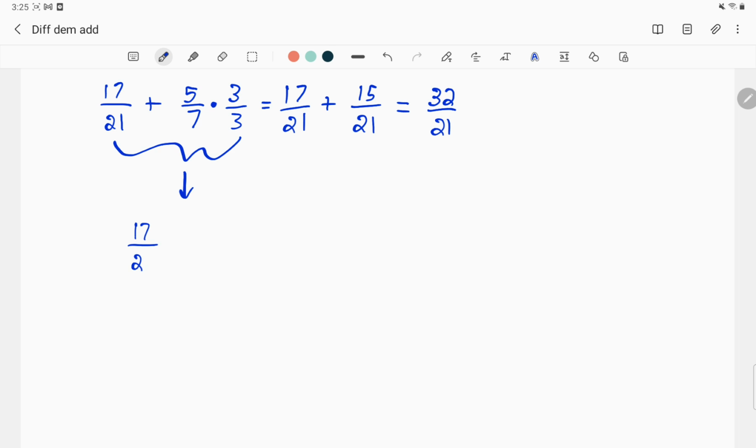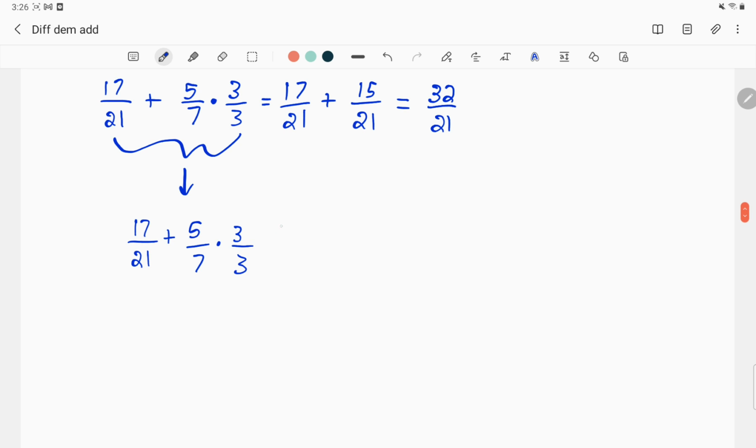17 over 21 plus 5 over 7 times 3 over 3. Well, the reason this works is we're not actually changing what 17 over 21 is. Let me break it down for you this way. We know that when we multiply a number by 1, it doesn't change.